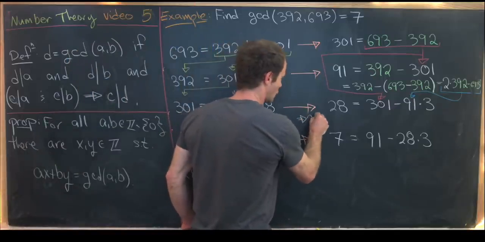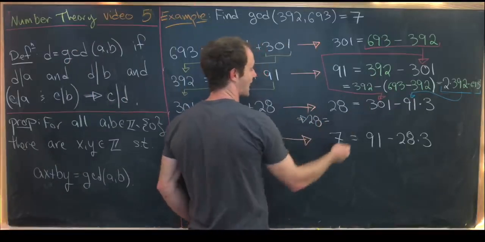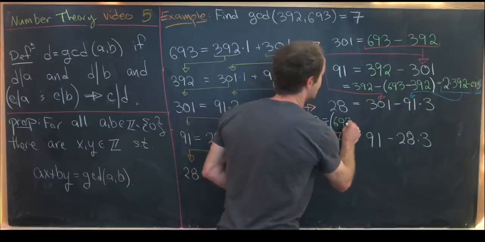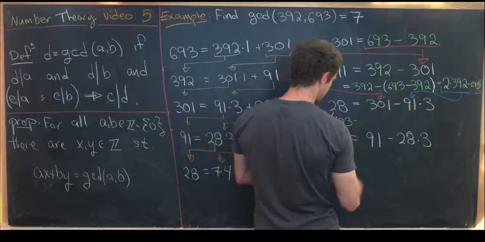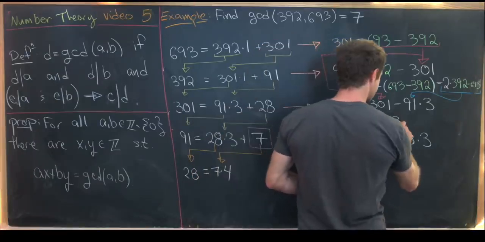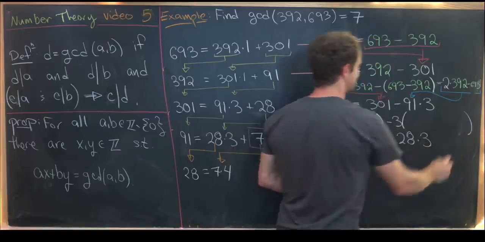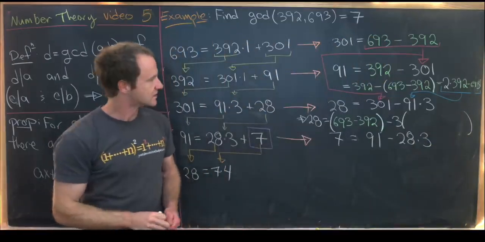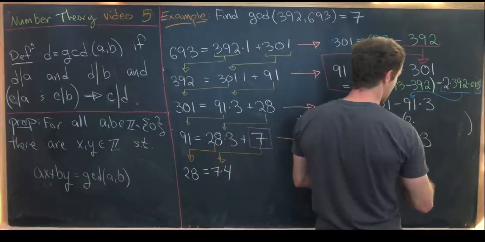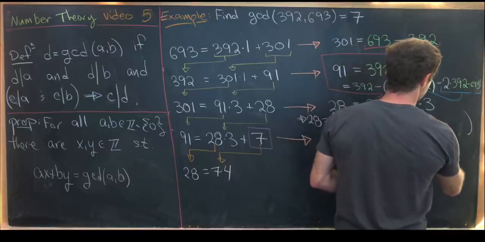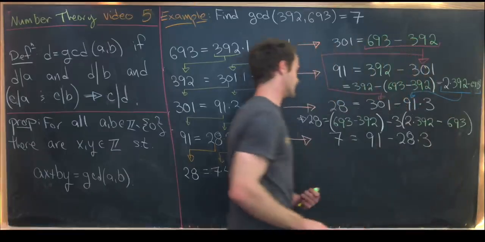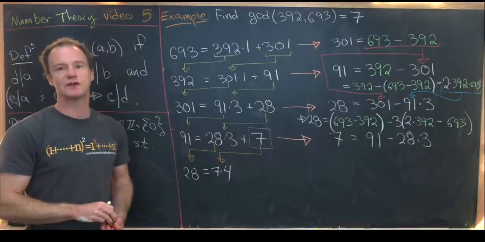That means we have 28 is equal to, well, that's 301, which I wrote as 693 minus 392, and then minus 3 times 91. 91 was expressed like this. So we have 2 times 392 minus 693, like this.